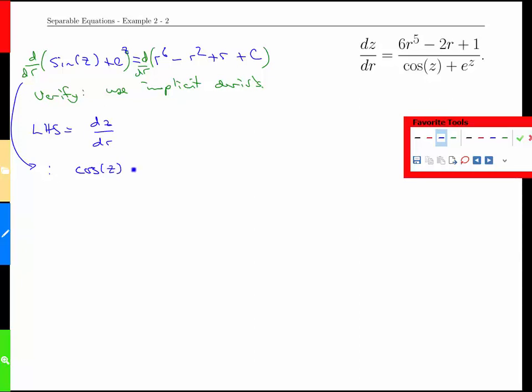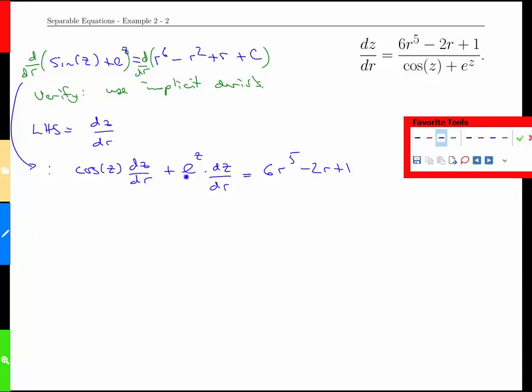Then the derivative of the inside would be dz dr, plus the derivative of e to the z is e to the z, times dz dr, and the right-hand side, the derivative with respect to r is much easier here. It's just 6r to the 5 minus 2r plus 1 plus 0.